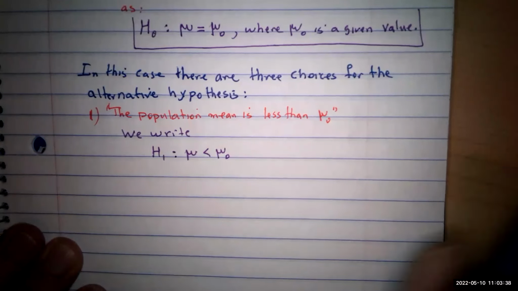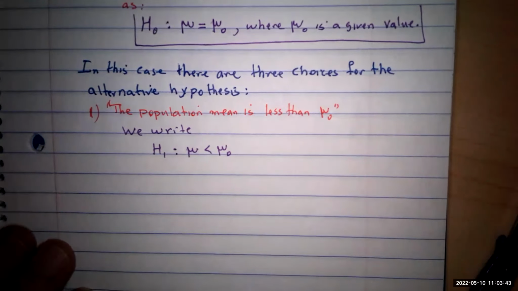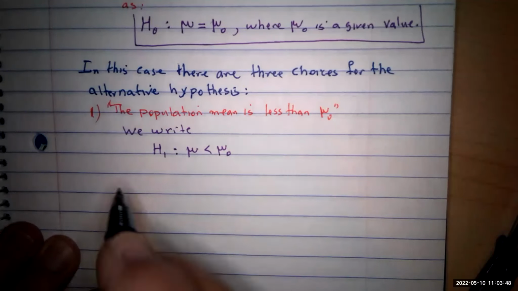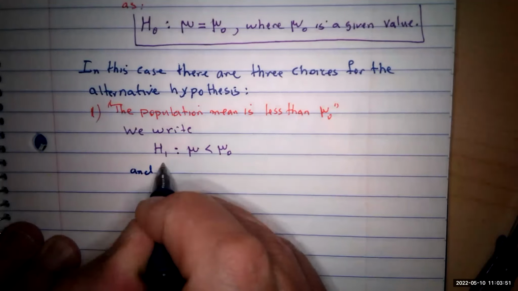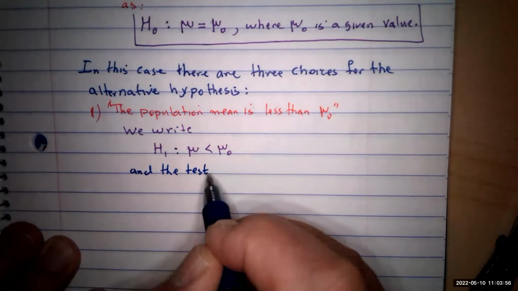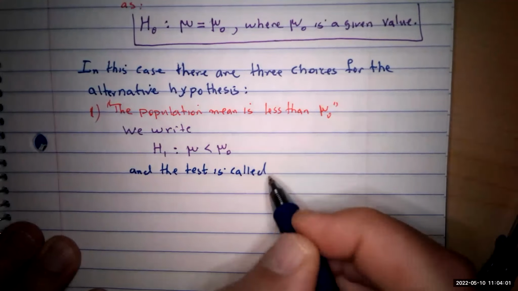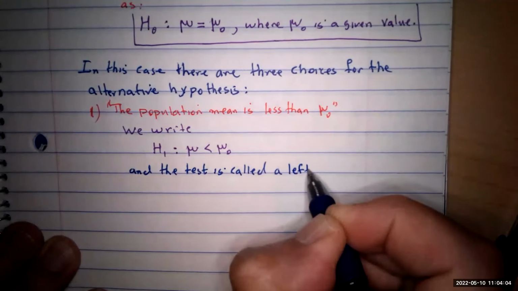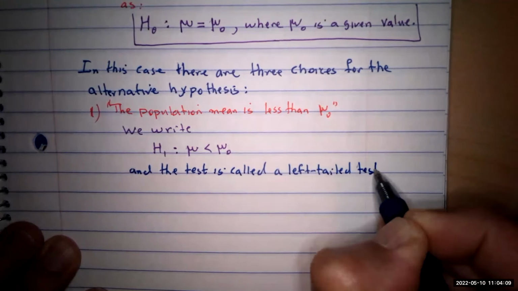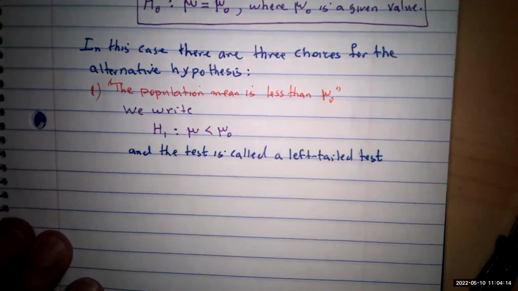That's why, when we get to the probability, we refer to this case as a left tail test. Left tail test means if you want to find the z numbers at the end, you have to consider the area to the left. Okay, that's case 1. Any question?